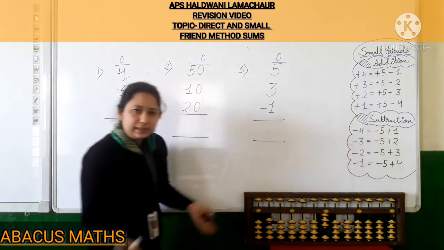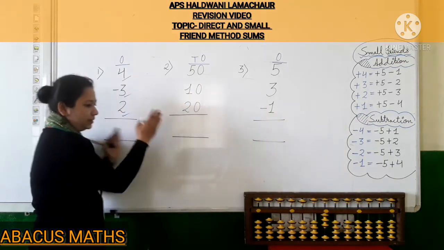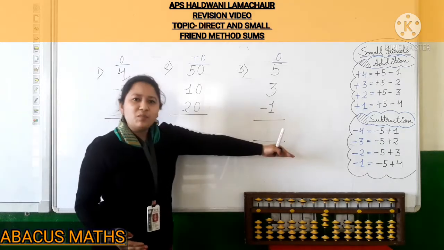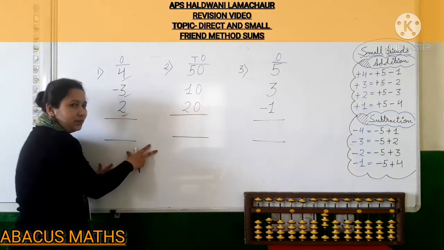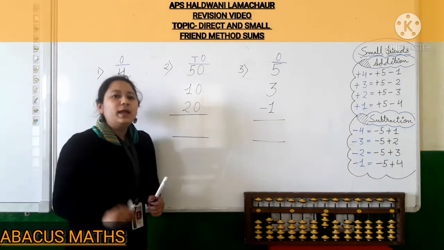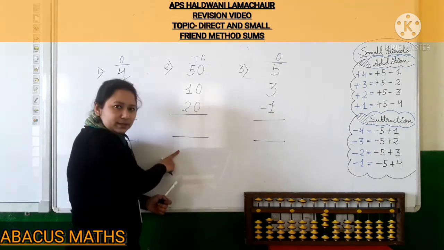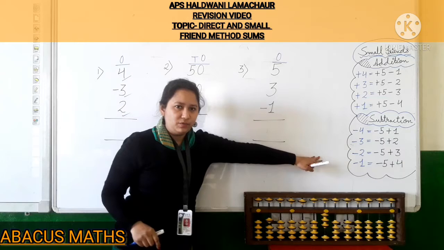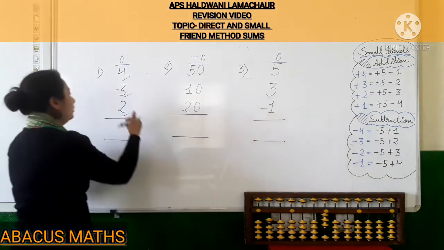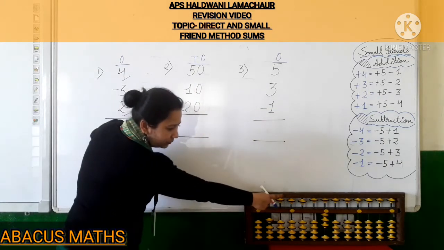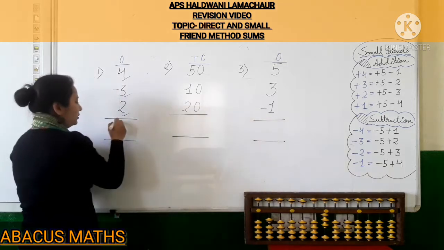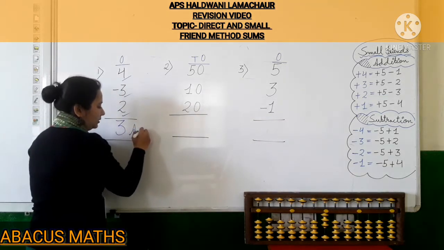See kids, directly we have done the sum in the tool without using small friends. So these type of sums are called direct sums and these type of sums will come in your exam. Direct sums and some small friend sums also. Now what is the answer? See, count 1, 2, 3. So 3 is your answer.